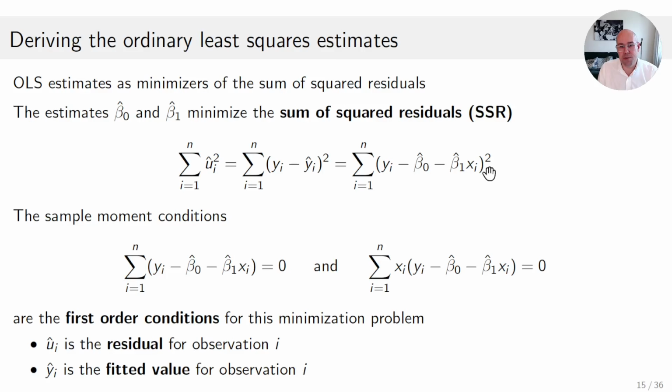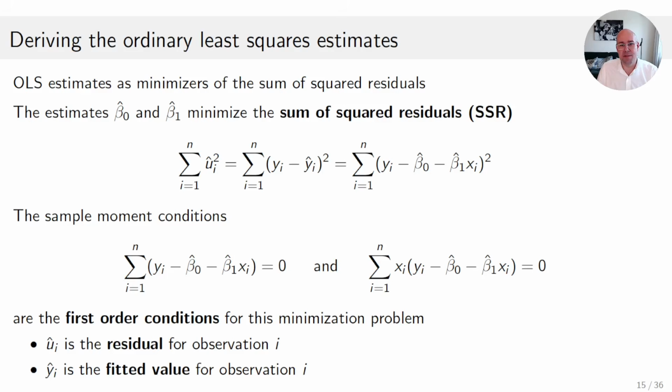So I'm just substituting that in. This is my sum of squared residuals, and these sample moment conditions that were the starting point for my earlier derivations are simply the first order conditions for the minimization problem: minimize that sum of squared residuals by choosing beta naught hat and beta 1 hat.